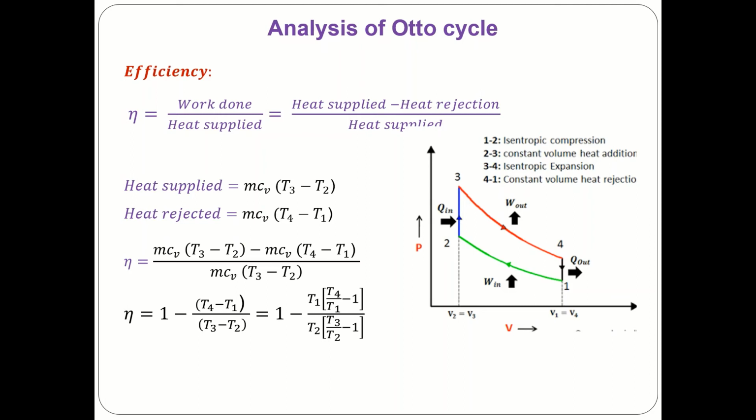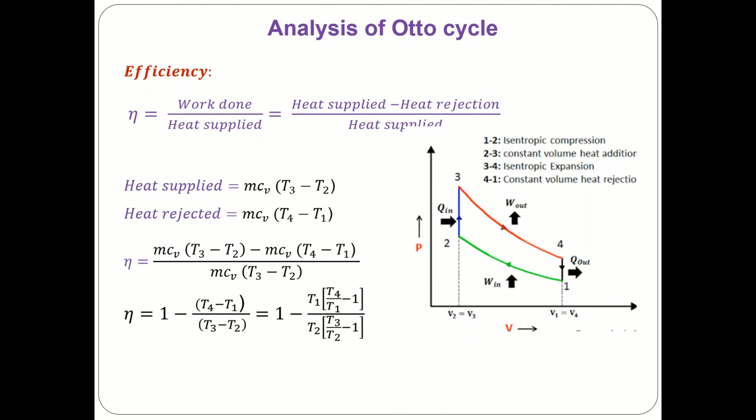Similarly, heat rejected is also at constant volume at bottom dead center, when the piston is at bottom dead center, and it is equal to mCv into delta T, and delta T in this case is T4 minus T1. So heat supplied minus heat rejected divided by heat supplied gives us the efficiency.